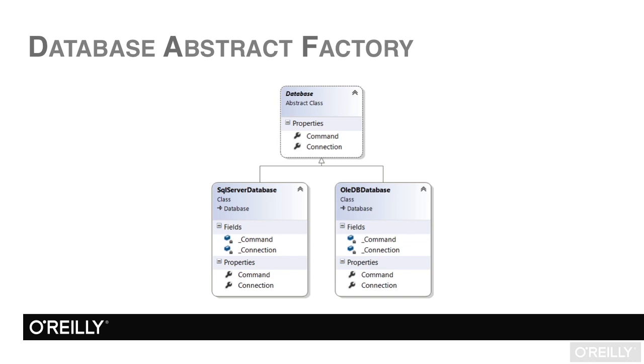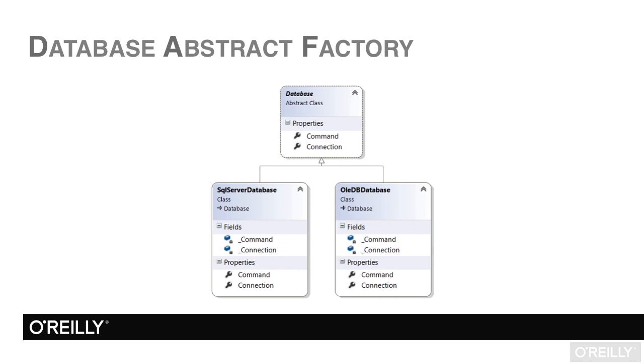And here's our class diagram. And you can see that we have the abstract class database, and it has the properties command and connection. And then we have our SQL Server database class, which inherits from that. And it, of course, has the command and connection properties, as well as some internal private fields for _command and _connection.